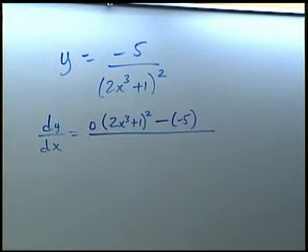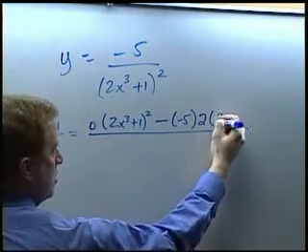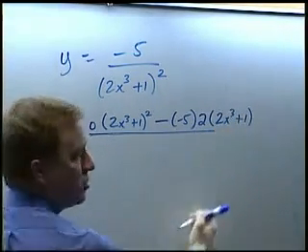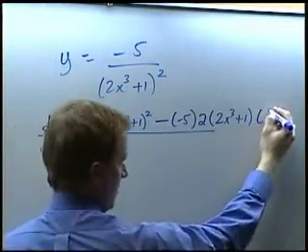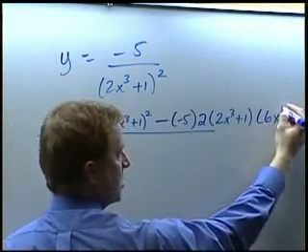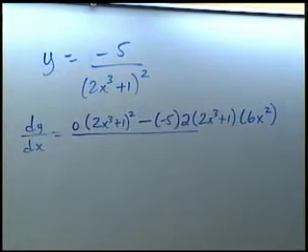All right, now here's our chain rule. What's the derivative of the bottom? 2 times 2x cubed plus 1 to the first, and then times 6x squared. Correct. The derivative of the inner function is 6x squared.